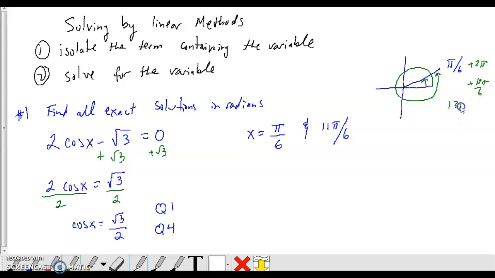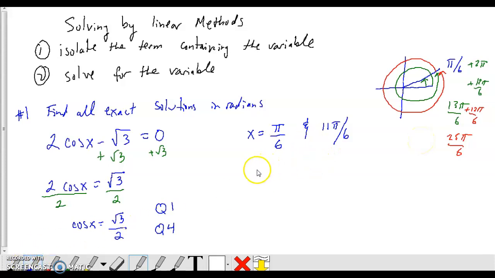So that means it would be 13 pi over 6. And if I go around again and add another 2 pi, now I'm at 25 pi over 6. I don't want to keep writing out all of these answers.